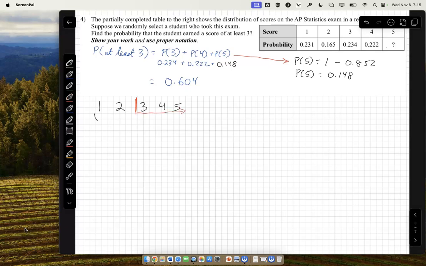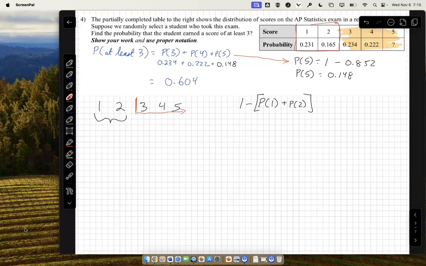So I could find this sum and do the complement of it. So I can do 1 minus the probability of scoring a 1 plus the probability of scoring a 2. Add those two numbers together and subtract from 1. So if I realize that if I want at least 3, I can do 1 minus and think of it like the complement.